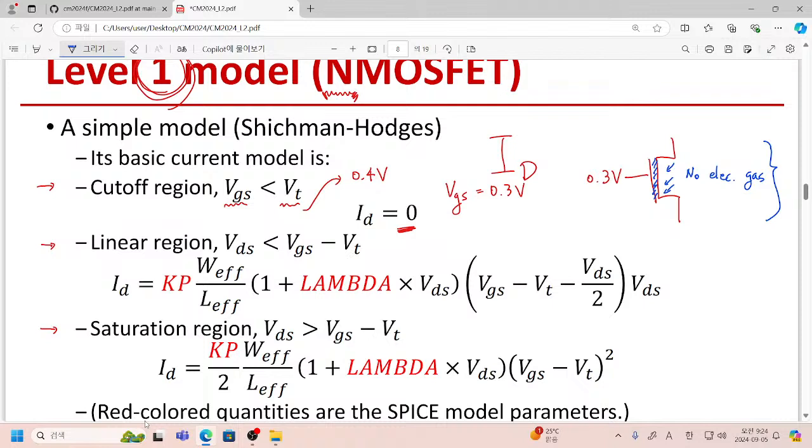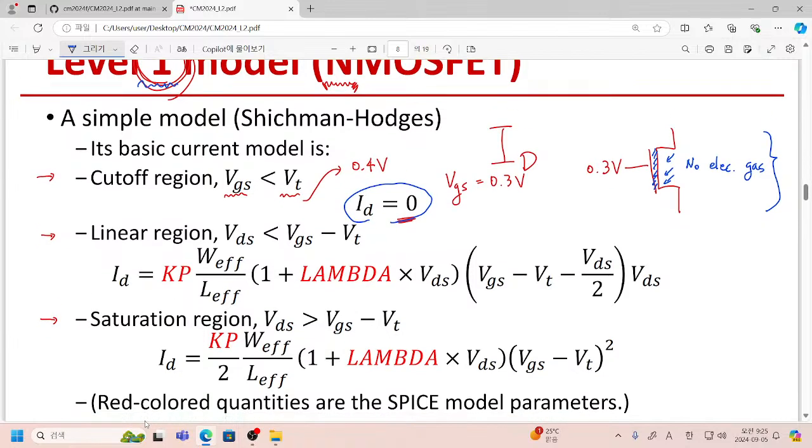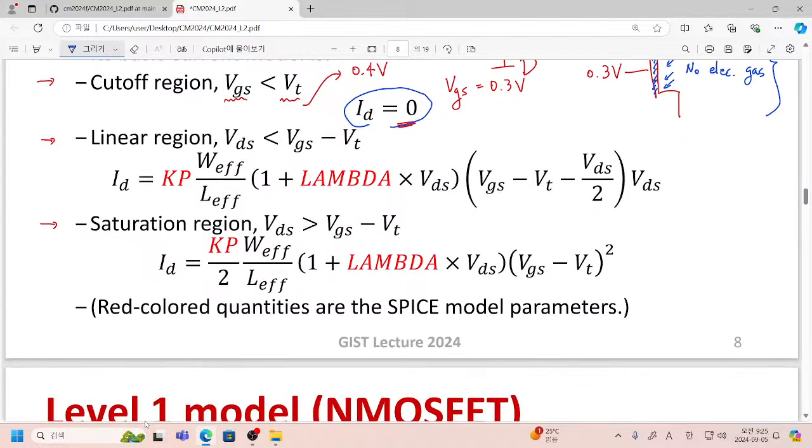Of course this is quite a crude approximation, but please note that we are now talking about the most simple model, level 1. So yes, this is quite limited to this crude expression. Another case is when our gate source voltage is beyond the threshold voltage.